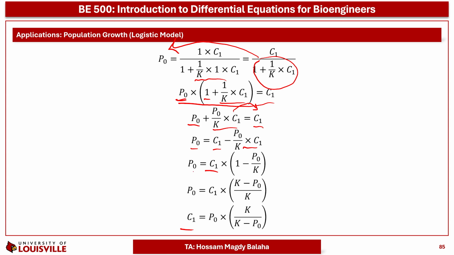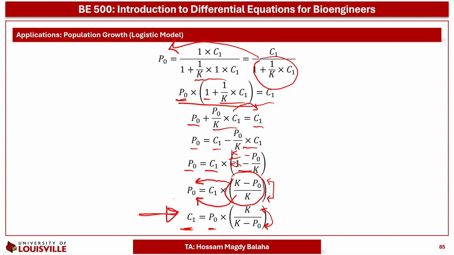Factor out C1, so P naught equals C1 multiplied by 1 minus P naught over K. 1 will be K over K, so it will be K minus P naught over K. Now you can move this part to the other side, so C1 will equal P naught multiplied by the swap between numerator and denominator, because we are moving K minus P naught over K from the right side to the left side, which is the same as multiplication but swapping the numerator and denominator.